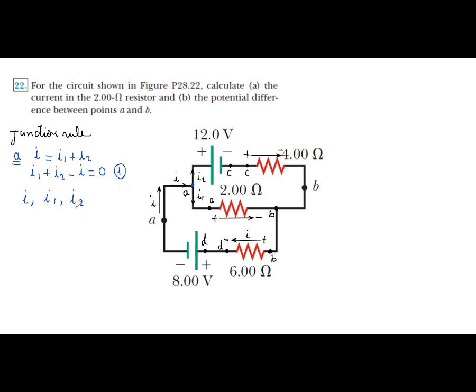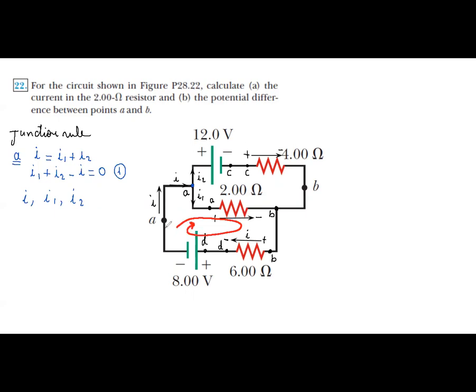Anyway, in this case, we can take many loops. For example, we can take loop 1 like this, clockwise.